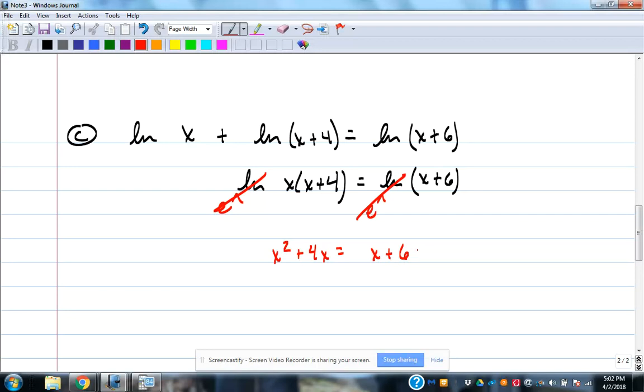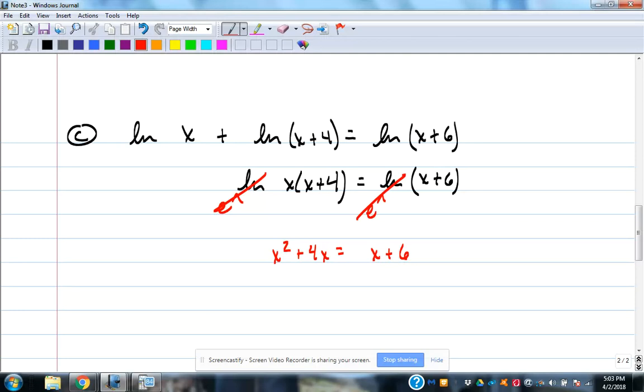X times x is x squared. X times 4 is 4x. This step right here, natural log is log base e. It's used enough that it's got its own special symbol, like pi is used enough to have 3.14159 and a bunch of stuff after that. Natural log is log base e. So that's why we're using e to exponentiate.